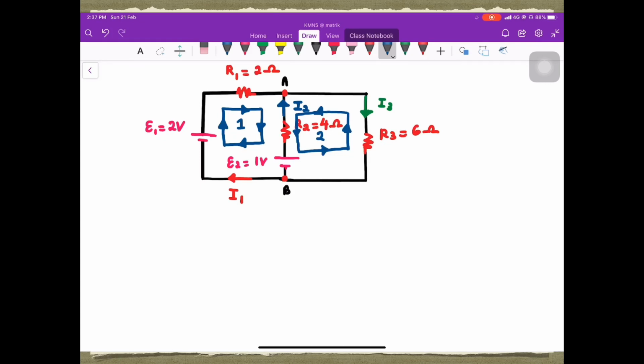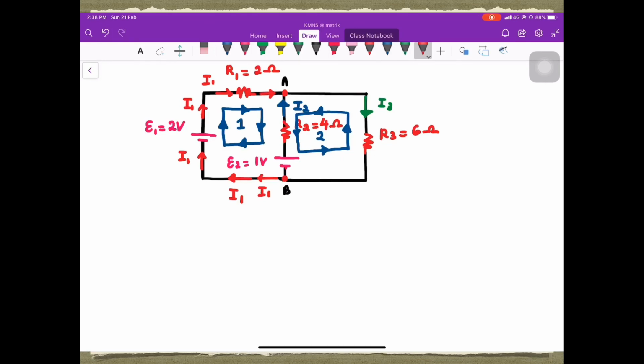Next, current. For this question, the directions of I1, I2 and I3 are given. So step 1, this is the junction. The current must be in one direction. So this red current must be I1, only I1 passing through loop 1 here.